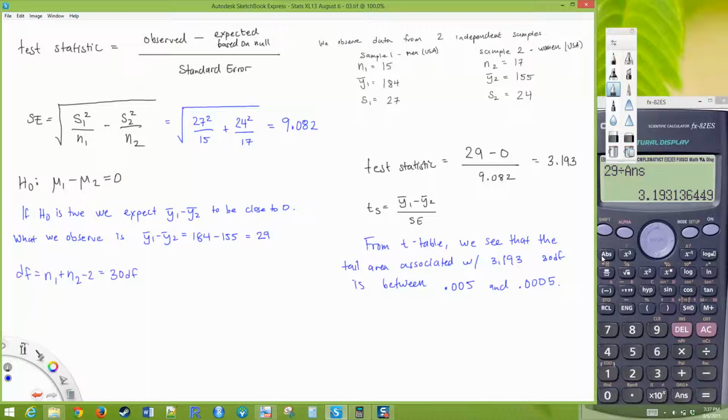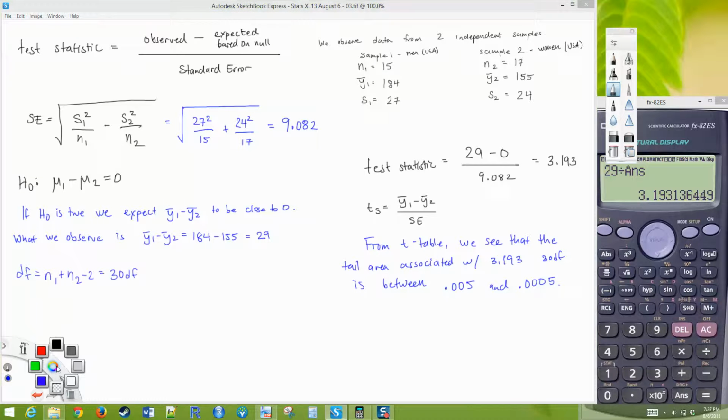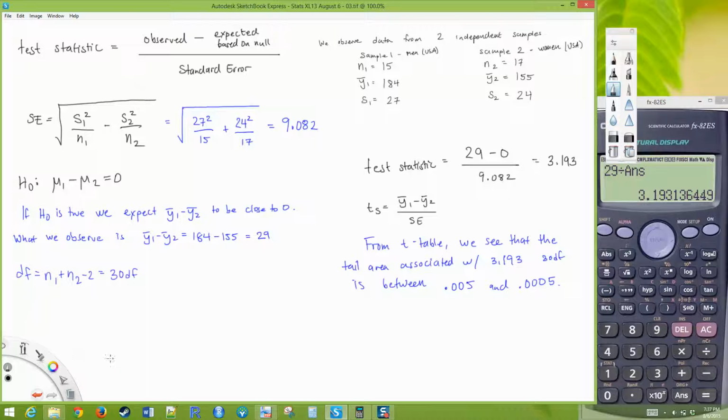We are tempted to say that this is our probability, our p-value, but it's not. This is where that phrase, something more extreme, comes into play.